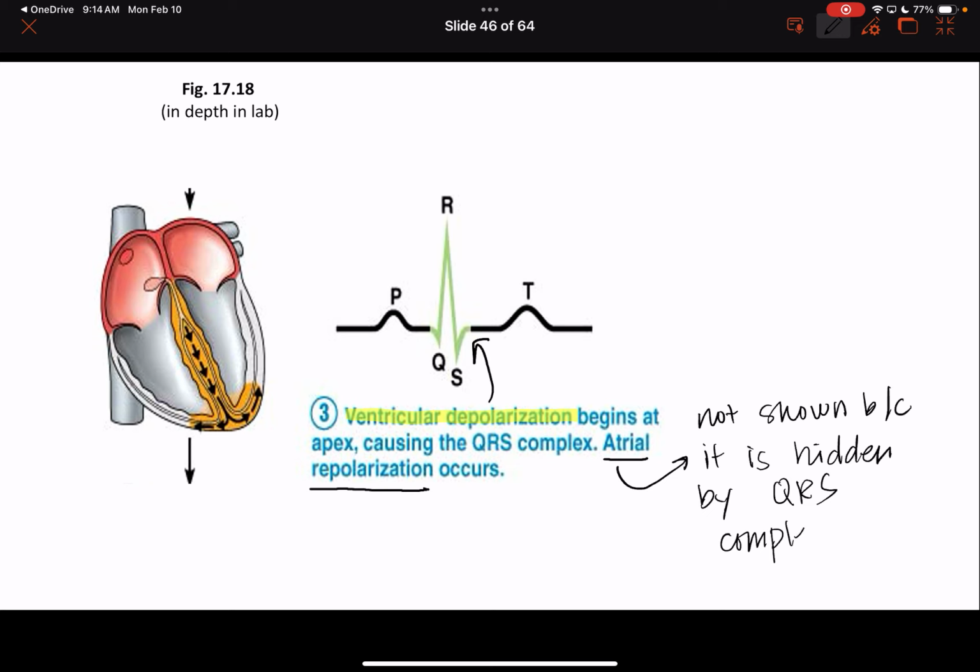So why do we only see ventricular activity and not atrial activity? Ventricles are much larger and have many more cells, so that's what shows up on an ECG. And the atrial electrical activity is a smaller event, and so you just don't see it. It's masked by the ventricular depolarization. It's still happening, it's just not being read on the ECG.